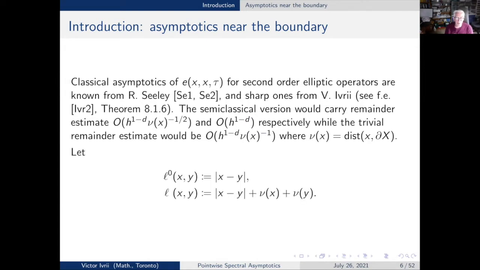So we introduce two distances. One of them is the distance from x to y, and the second is the distance from x to y plus the distance from x to the boundary and from y to the boundary. Actually, we don't need both of them. We can take any of them.